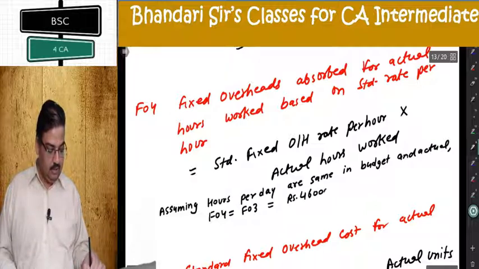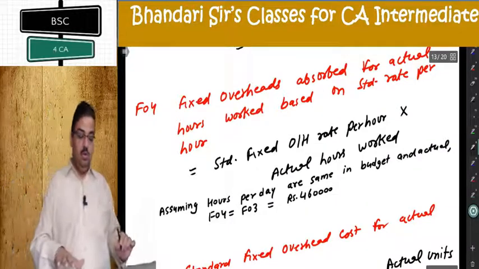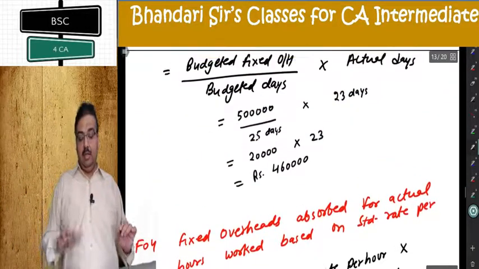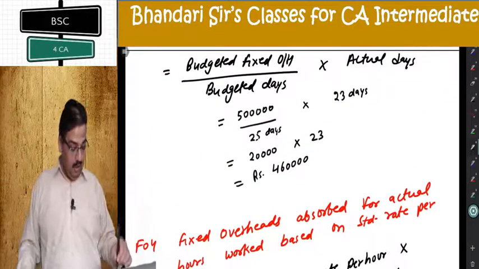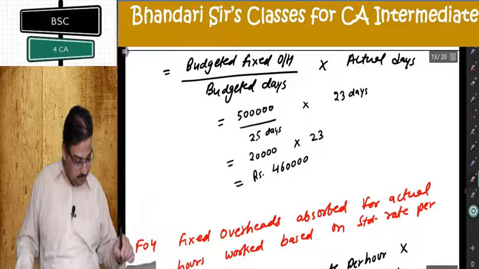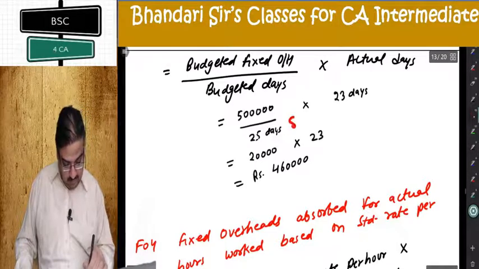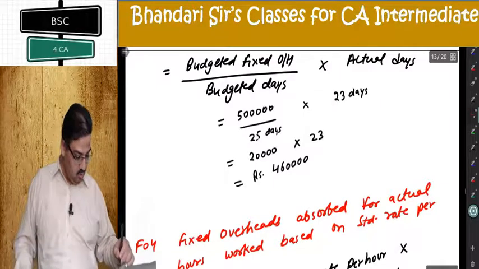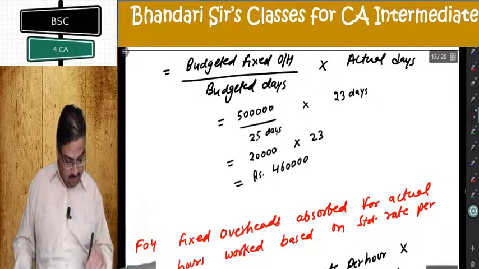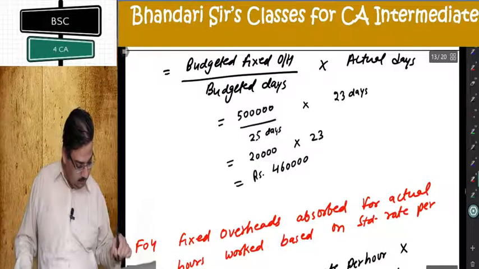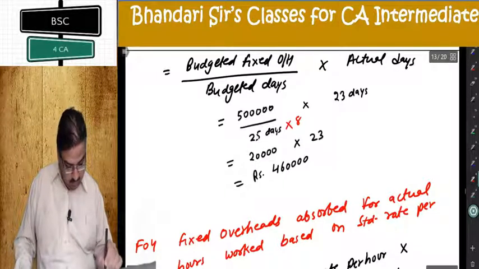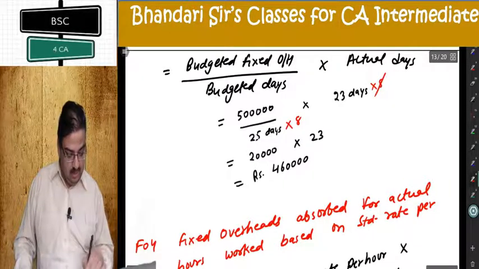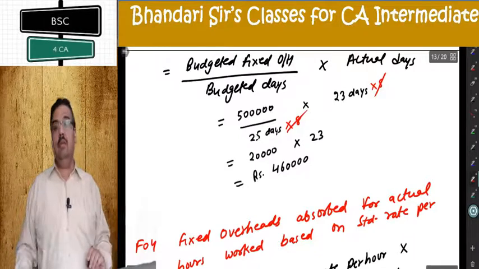So if there were, let's say, 8 hours per day, then what I would have done, I have multiplied this with 8, multiply this also with 8. So if I had this into 8, this into 8, this 8 and 8 will cut, figure will remain same.